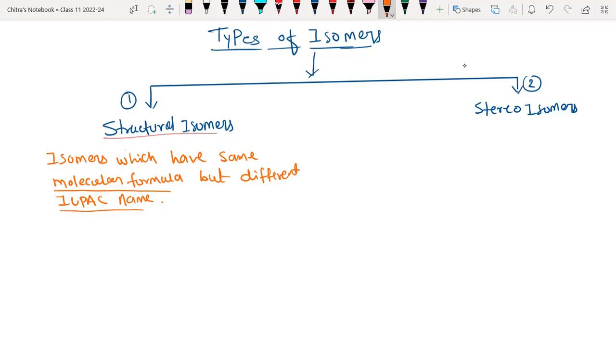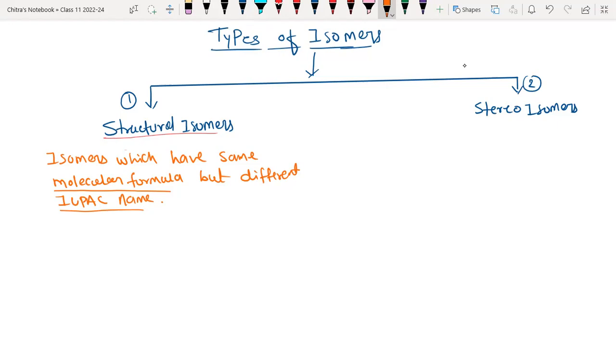Like we just went through butane. What are the IUPAC names? One is n-butane and another one was 2-methyl propane. Sir, n-butane is not the IUPAC name, it's a common name. No, it is butane only. N is only used to show the normal chain of butane.